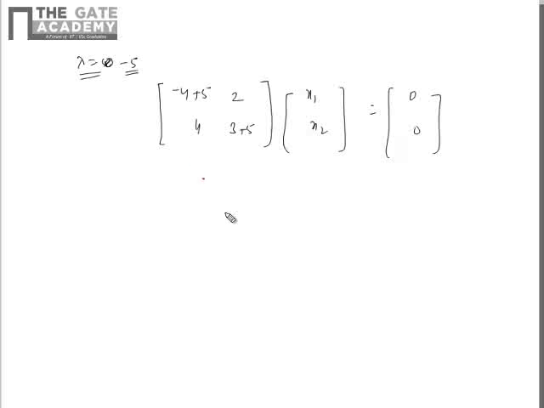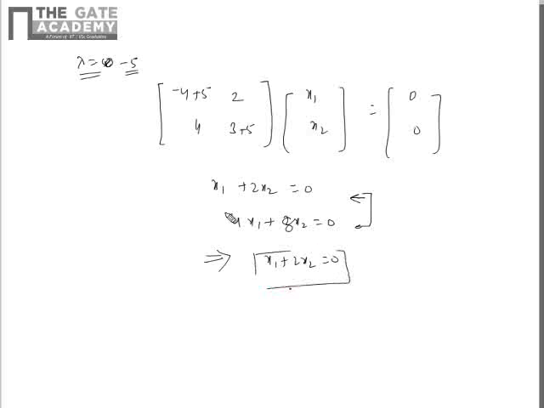So this gives rise to x1 plus 2x2 is equal to 0, and 4x1 plus 8x2 is equal to 0. You can see that the first and the second equations are basically equal. When you divide the second equation by 4, effectively you have x1 plus 2x2 equal to 0. This is the one equation.